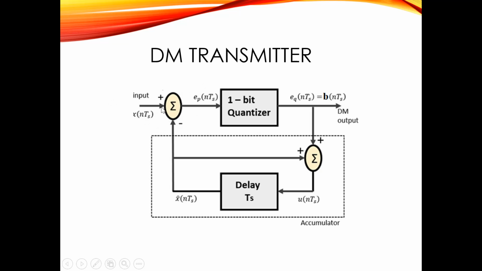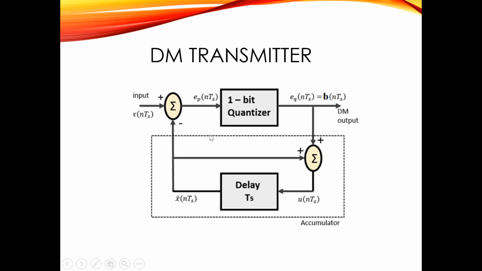Now, in this case, the input is x of nTs. The sampled input signal x of nTs and its approximated version, that is x cap of nTs or x dash of nTs, are compared with each other. The difference between them is produced, that is considered as e of nTs, and then it is applied to the 1-bit quantizer.